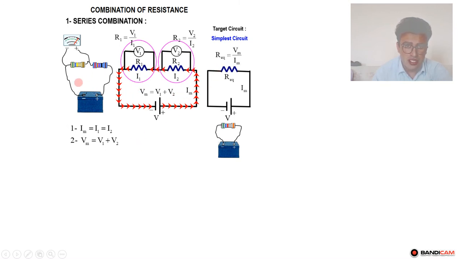And the total, dear student, we said that in series, how can we find the resistance? R equivalent is equal to R1 plus R2. True? Yes. And here we have the total. Now, dear student, we made this a simple circuit.